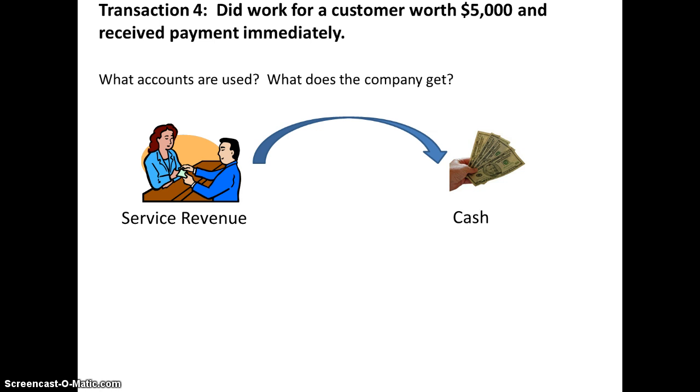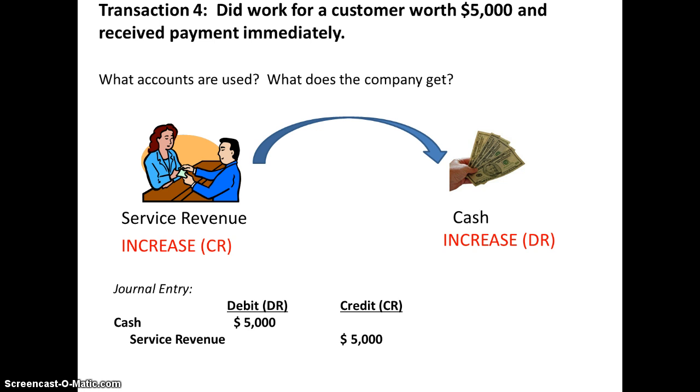So we want to increase our revenue. Revenue has a normal credit balance, and we want to increase our cash because we're receiving cash. So my journal entry would be a debit to cash for $5,000 and a credit to service revenue for $5,000.